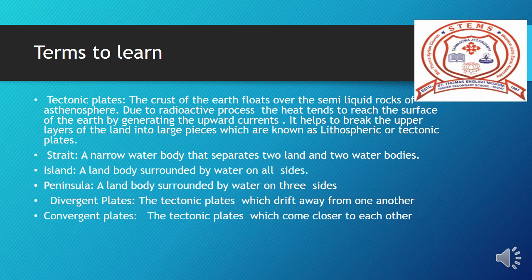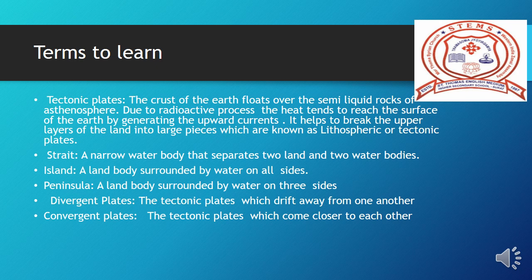Due to radioactive process, the heat tends to reach the surface of the earth by creating upward currents, and these upward currents help to break the upper layers of the land into large pieces known as lithospheric or tectonic plates. Next is strait, a narrow water body that separates two lands and connects two water bodies.